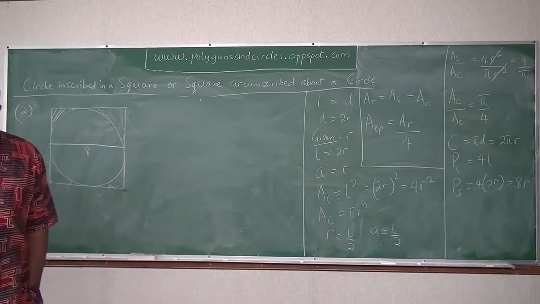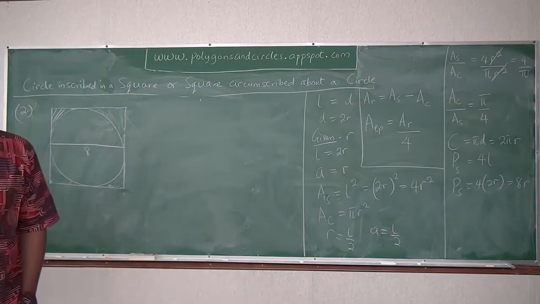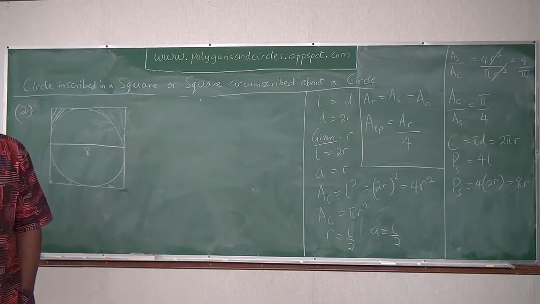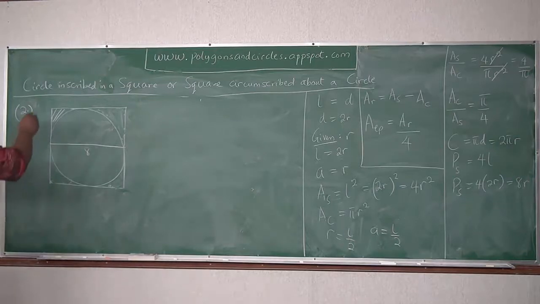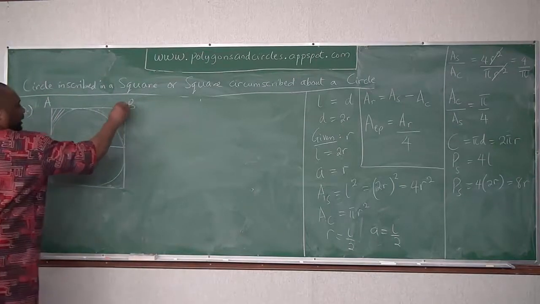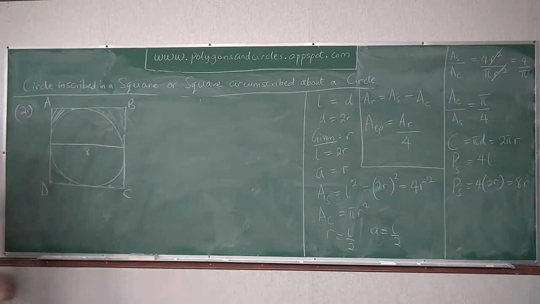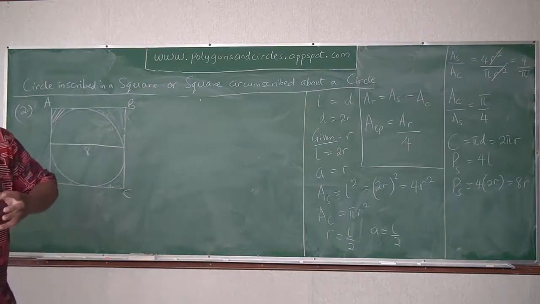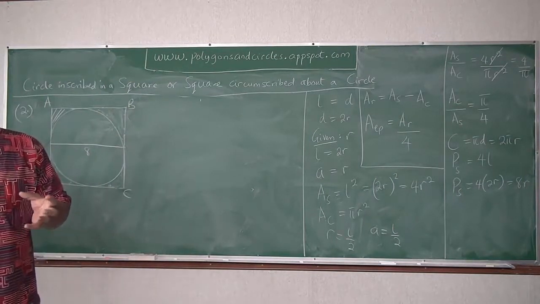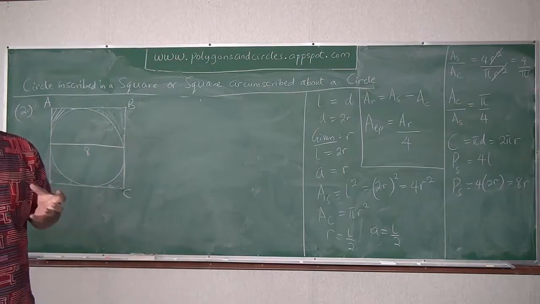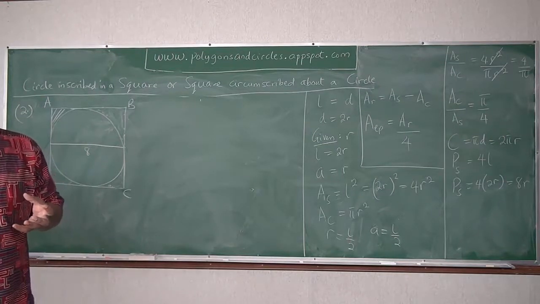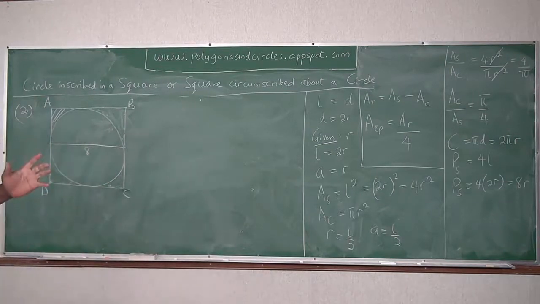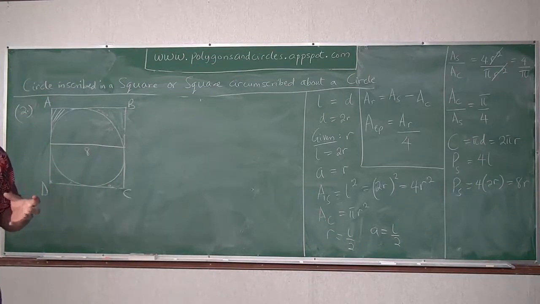A circle with a diameter of 8 inches is inscribed in square ABCD, as shown below. What is the area in square inches of the shaded region?